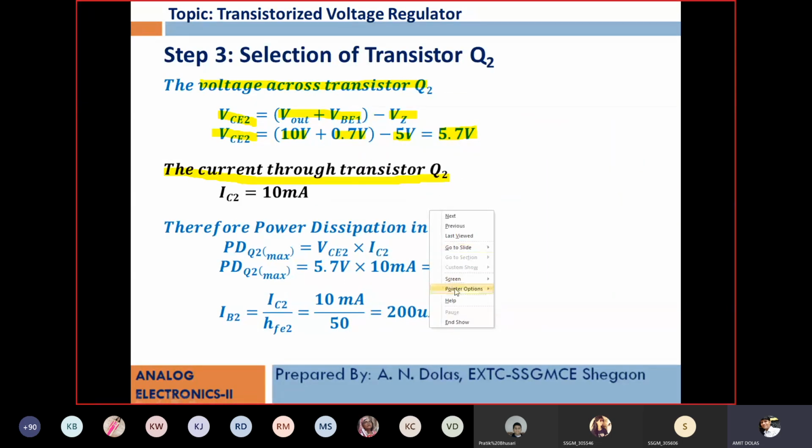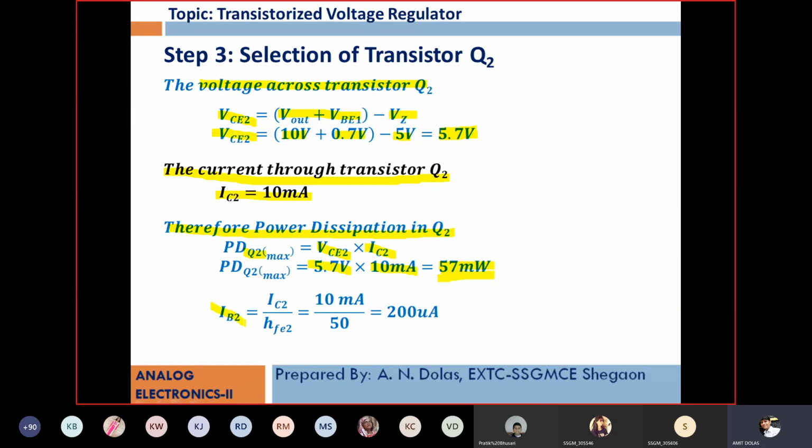Therefore, the power dissipation in Q2 is VCE2 multiplied by IC2. That is 5.7 volt, the VCE2, multiplied by 10 milliampere. 57 milliwatt will be dissipated in transistor Q2.